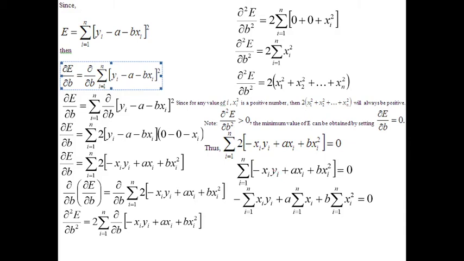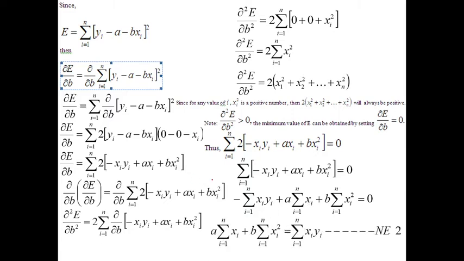Summation negative xi yi from I equals to 1 to n can be written as negative summation xi yi from I equals to 1 to n. Plus, so yung a, no? Plus summation axi can be written as a summation xi from I equals to 1 to n. Summation bxi squared can be written as b summation xi squared from I equals to 1 to n. Applying the properties of summation, no? Equals to 0. Then we simplify.